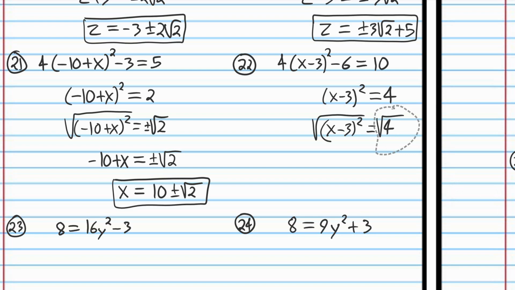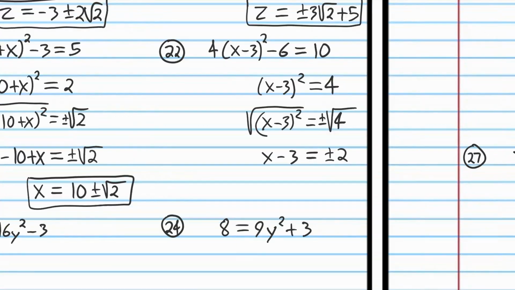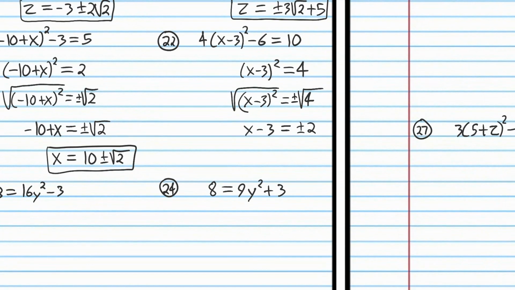And as usual, I'm going to have to move that over to put my plus or minus sign. And we get x minus 3 is equal to, the square root of 4 is 2. So then the answer is x is equal to plus or minus 2 plus 3.